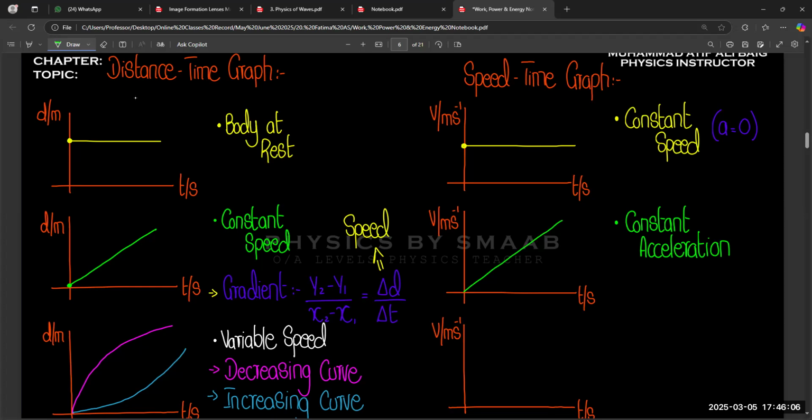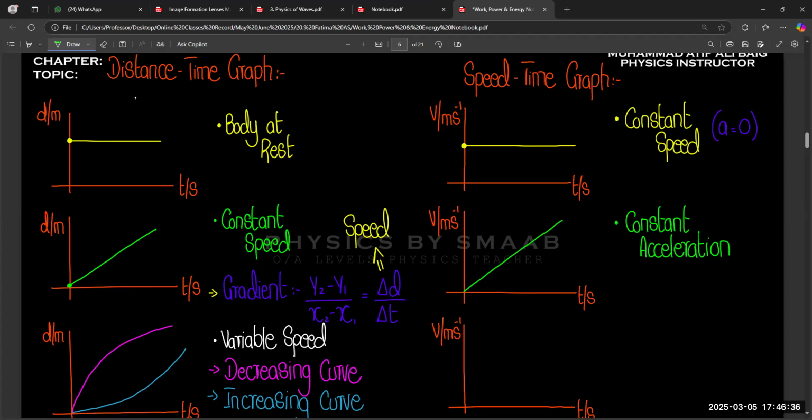So there will be a straight line like this. The representation is the same, just like in the distance time graph, where we draw a directly proportional line. In the same way, in constant acceleration, we have a straight line, but the quantities are different on the x and y axes, right?